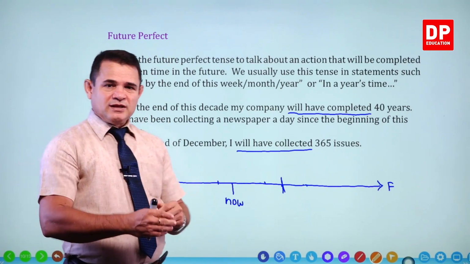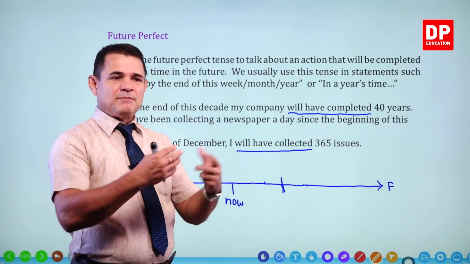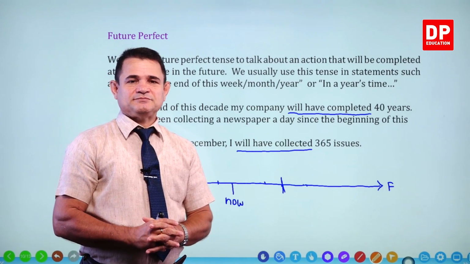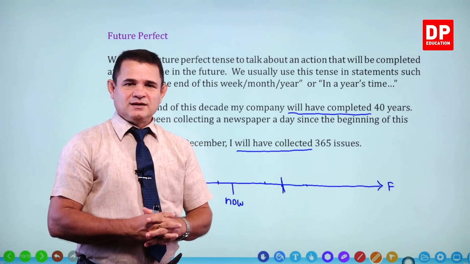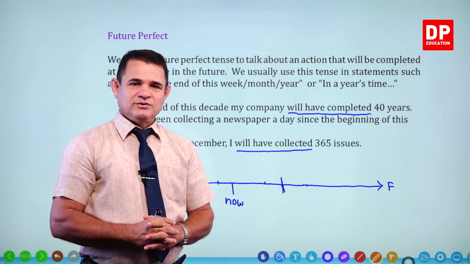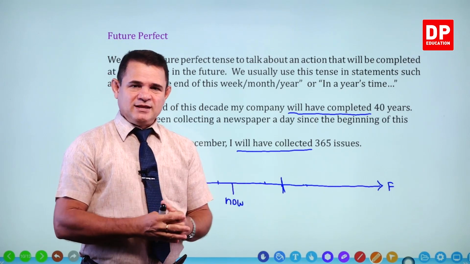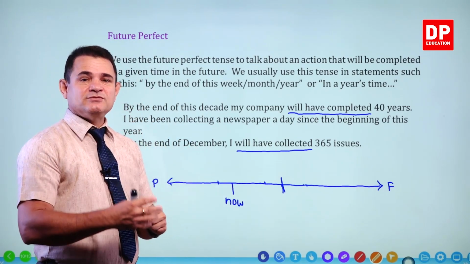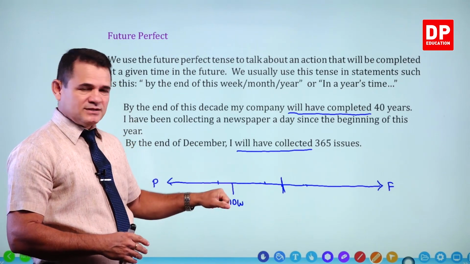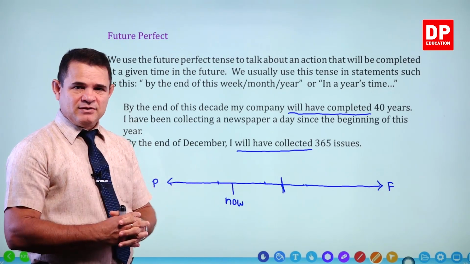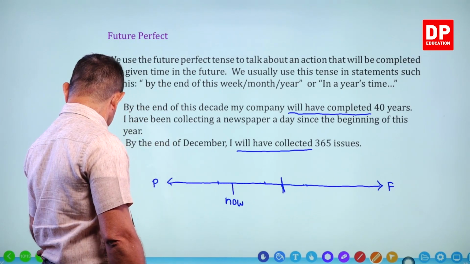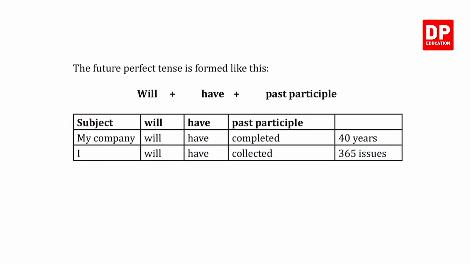Now you also think of something that will have happened in the future. Think about yourself, it can be about anything. Use the structure and try to make a new sentence, and practice. And next, this is the structure: the future perfect tense is formed like this.